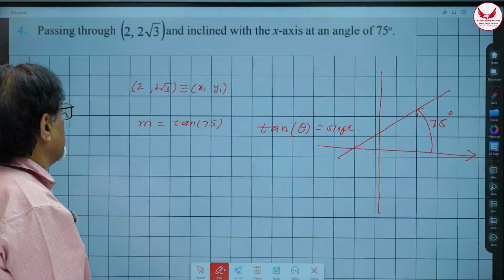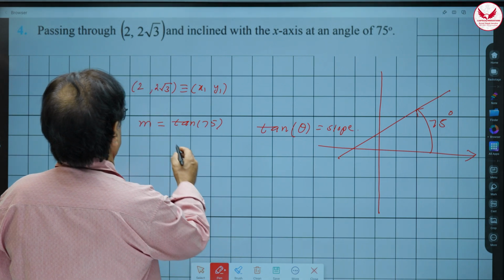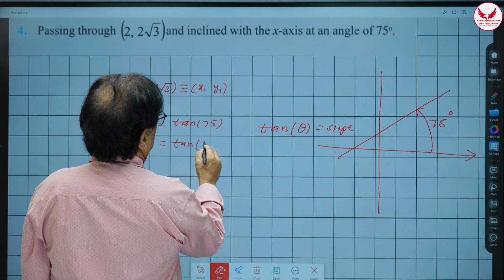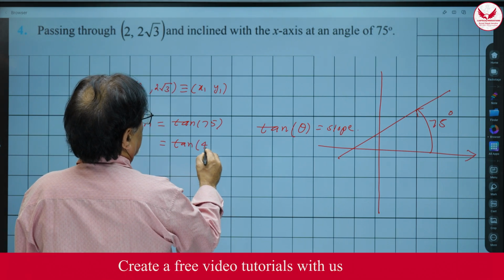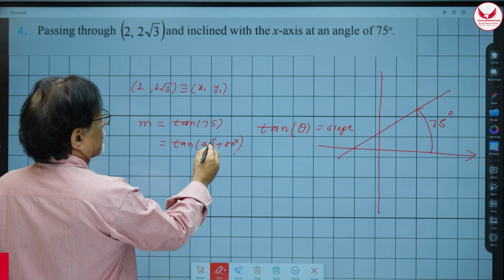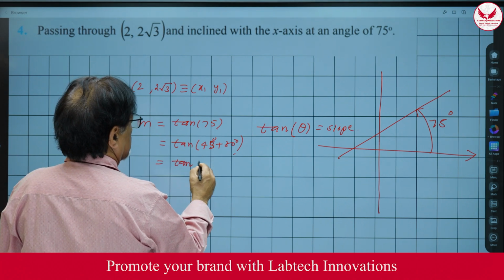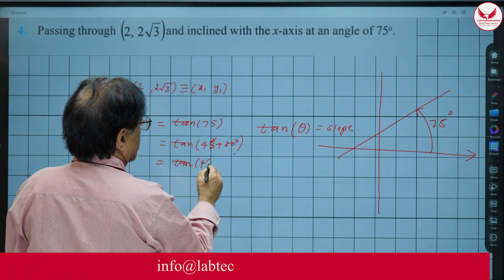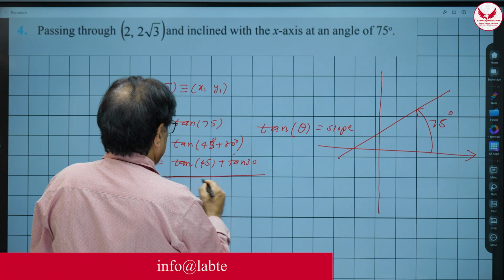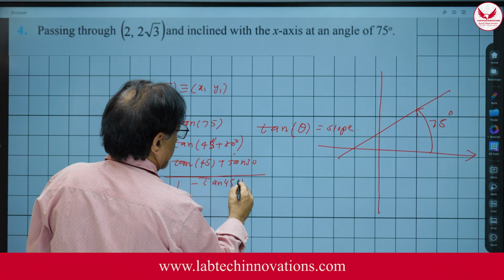Tan of 75 degrees. Now tan of 75 is actually 45 plus 30 degrees, correct? So that means it is equal to tan of 45 plus tan of 30 divided by 1 minus tan 45 multiplied by tan 30.